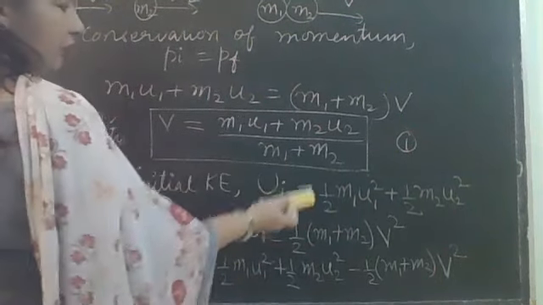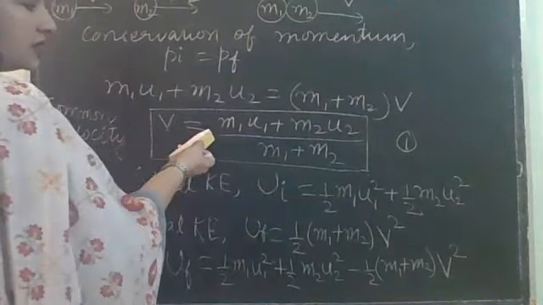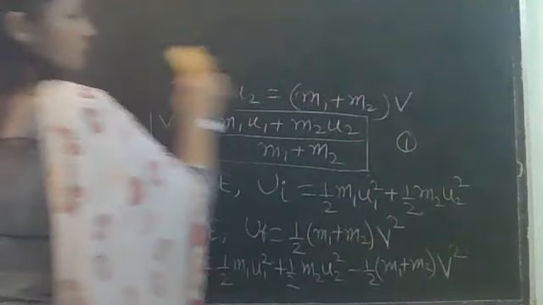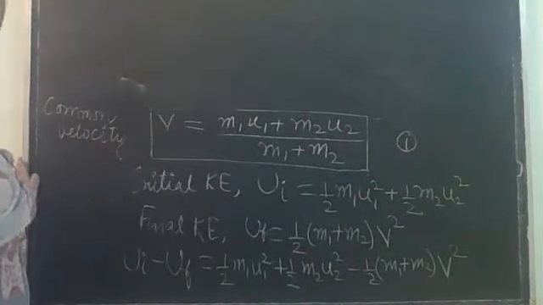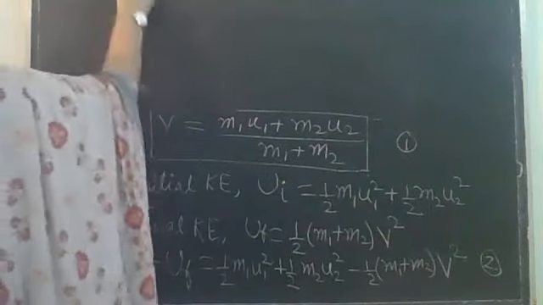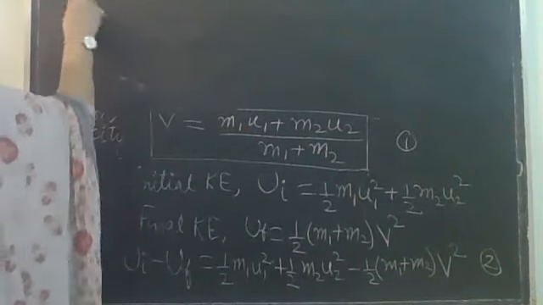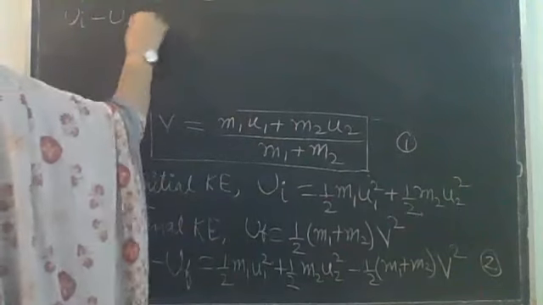We have to just apply mathematics and solve till we get the simplified result. So put the value of common velocity v from equation number 1 here, substituting the value of the common velocity in equation number 2. See what do we get? Ui minus Uf.